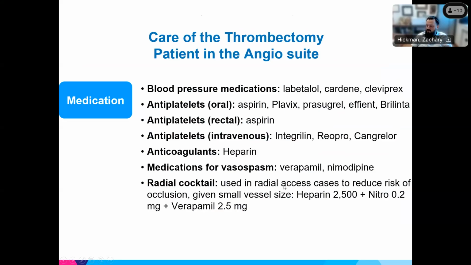But one of the issues with radial access is it's prone to vasospasm or occluding because it's very small. So often they'll have to give heparin, nitroglycerin, verapamil. One of the other advantages of radial stick is you can't get a retroperitoneal hematoma or anything like that from that. There are potential other complications from it, but typically less severe than femoral artery puncture. So if you're anticoagulated, things like that, it can be safer.